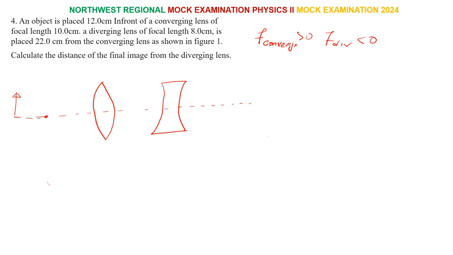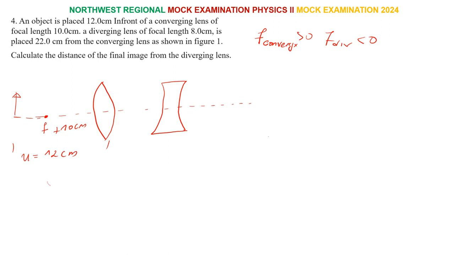So here is our focal point F, and from the center of the lens right up to this point, it was given to be 12 centimeters. So that is our U. Our U is 12 centimeters, and the focal length is 10 centimeters. So I'll put a plus in front so that we know the focal length is positive.